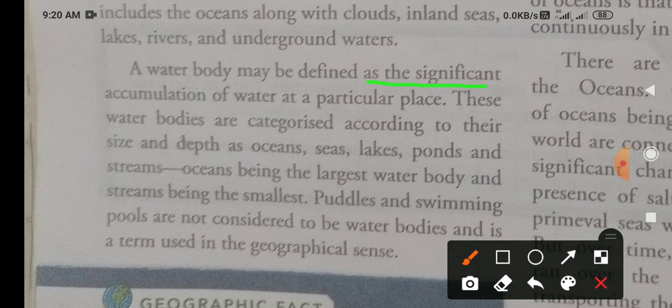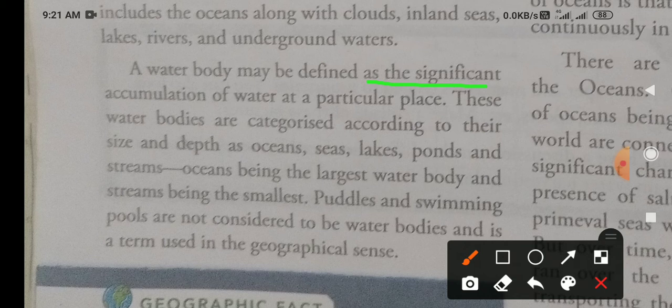So actually what is a water body? A water body is a place where a definite, large quantity of water is collected. In a stream it seems to be smaller, but it goes on flowing for a longer period of time. The quantity of water stored there is unlimited.